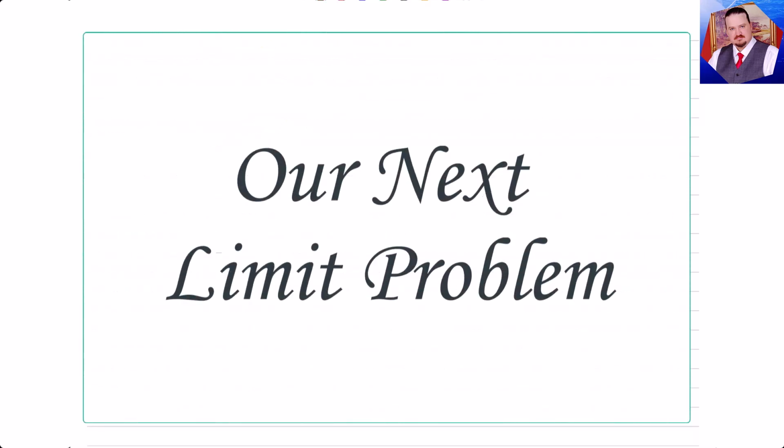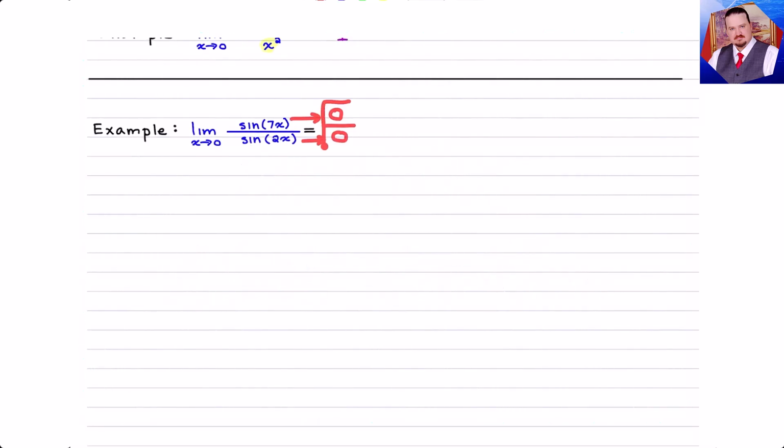Okay, on this problem, once again, this is 0 over 0, which is an indeterminate form. All that says is that we're going to start to do something else in terms of the limit process. So here we have x going to 0. And here I'm going to multiply again by the number 1, a special version of it, which will be helpful in this problem.